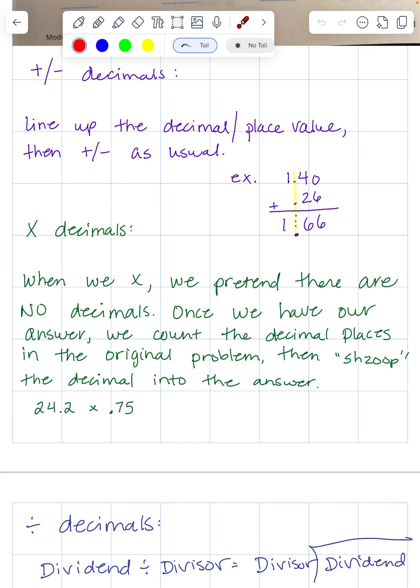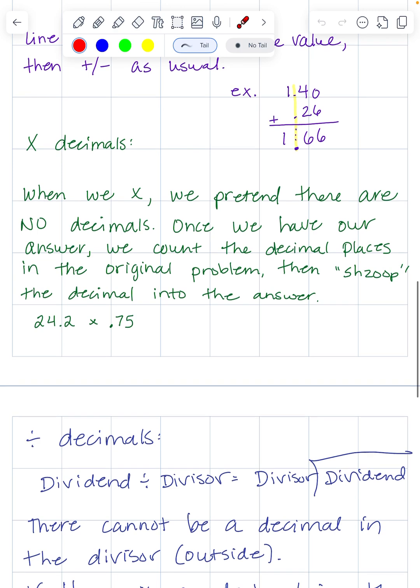So you'll notice here, I've got 1.4 plus 2.26, right? I lined up those decimal places, actually added a 0 right here, just so everything lined up neatly, and I did my addition. You'll notice I dropped that decimal point right down where it was already lined up. That should be review. You guys should already have that on lock.